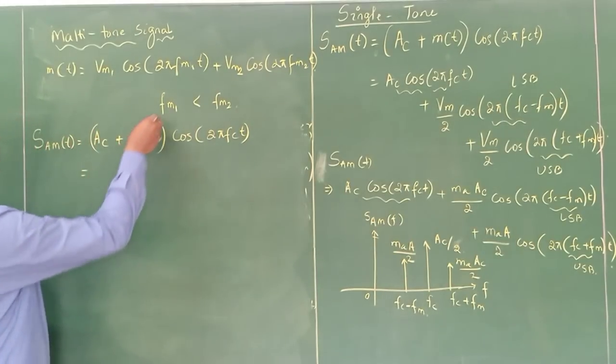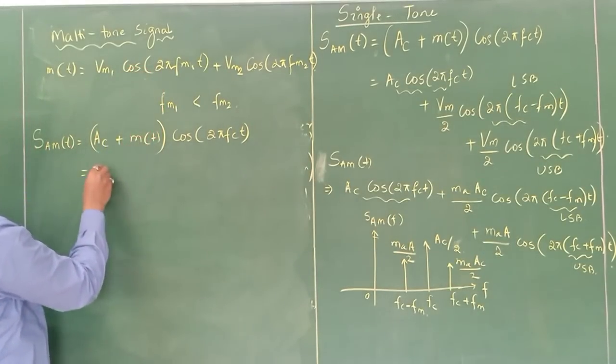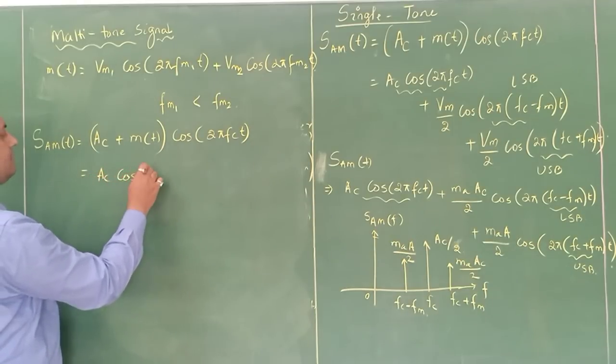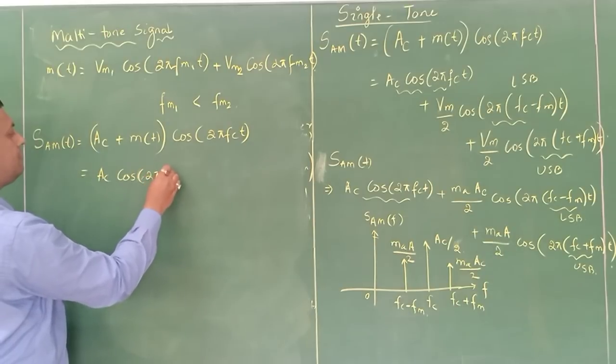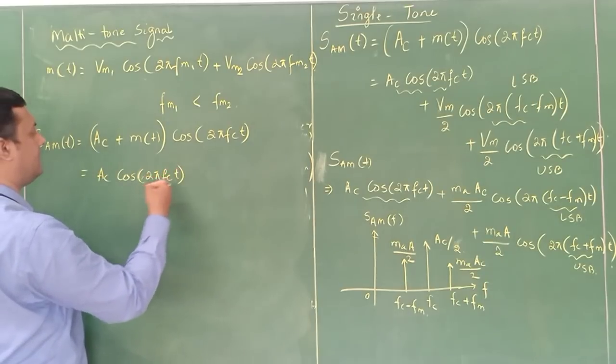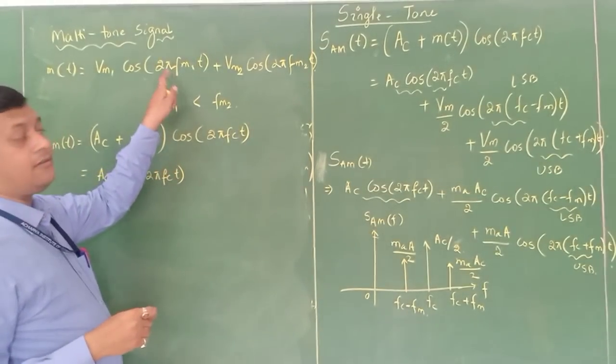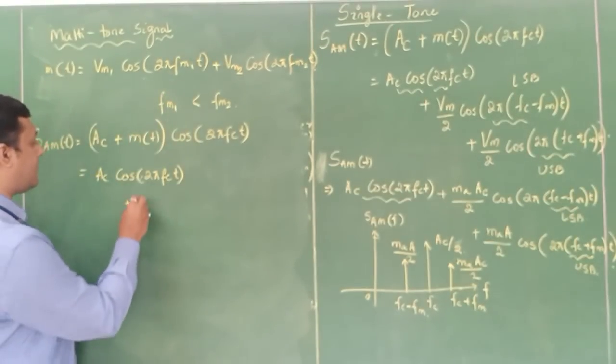Now what I will do is substitute this value here. So first is my carrier, Ac cos of 2 pi Fc t. Done. Plus the sidebands corresponding to this one we will write. How will we write it?